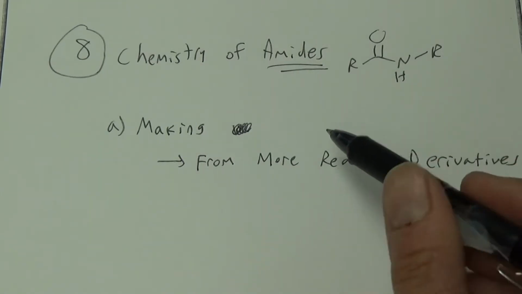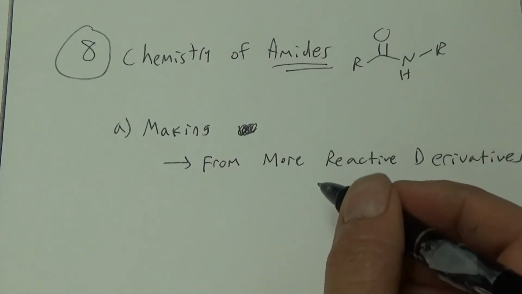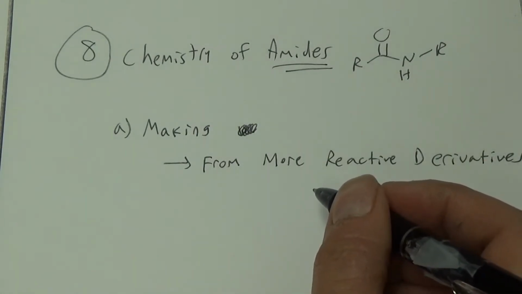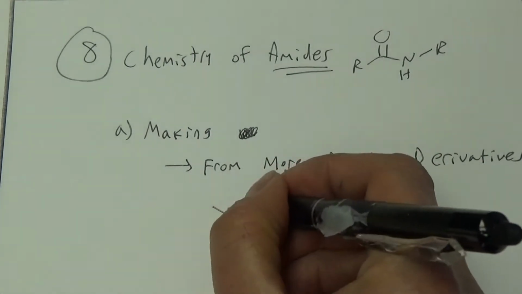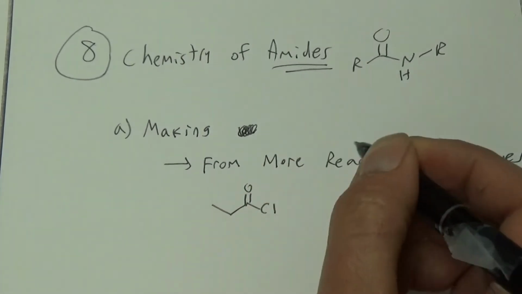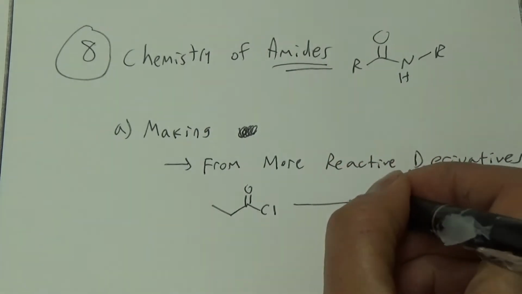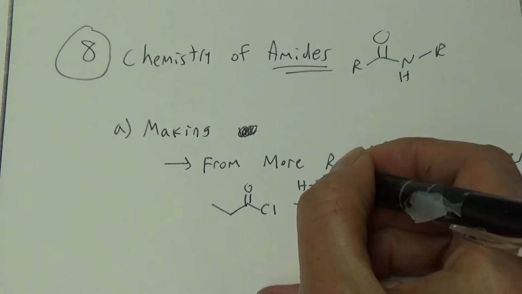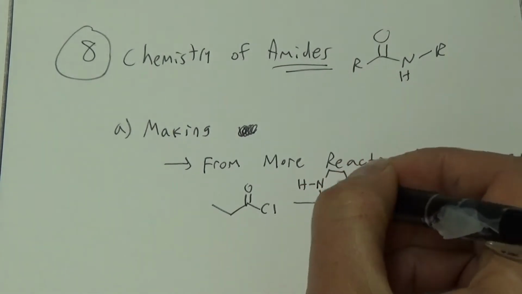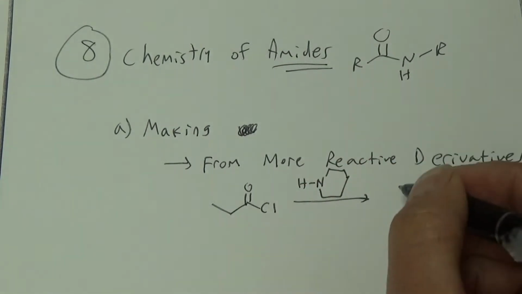So I think we introduced chapter 19, and the NAS reaction, by talking about how carboxylic acid chlorides, or just acid chlorides, can be converted to any of the derivatives. So if I want to make an amide, I can start with an acid chloride. That's super easy. And what's our base that we usually use?